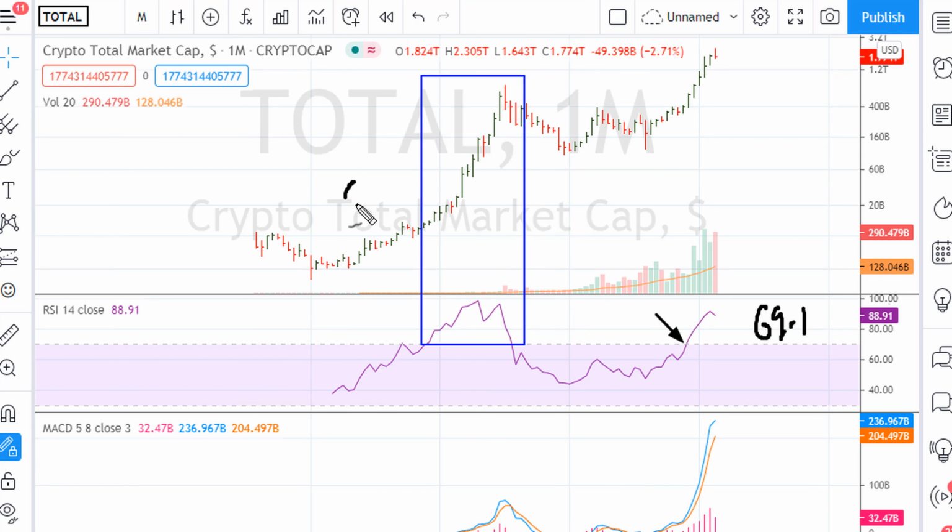It so happens to be 2016 to early 2018 when Bitcoin was on fire. Remember, it moved from under 1,000 to 20K in this time period. Again, the RSI was the key. It moved above 69.1.